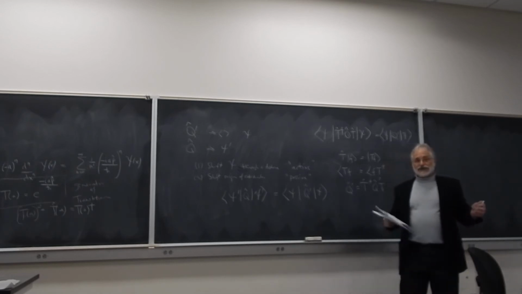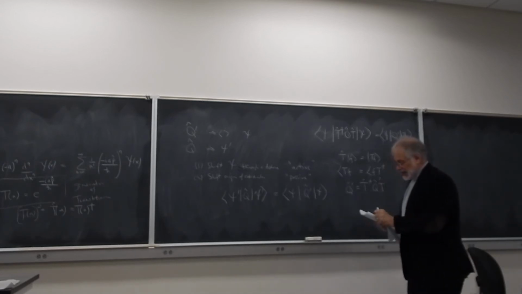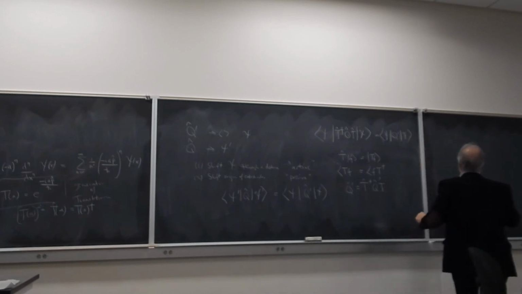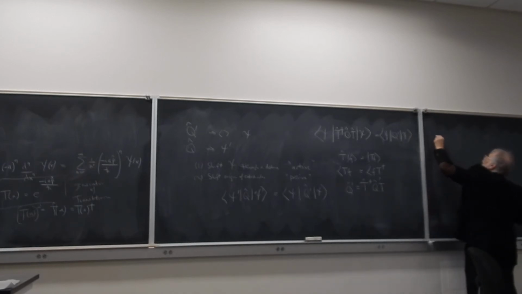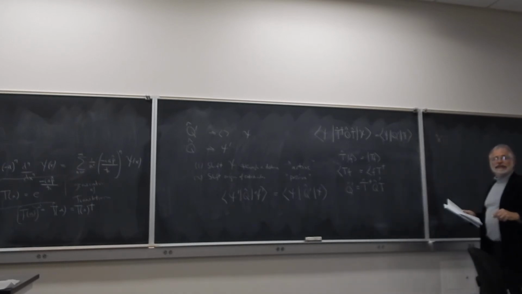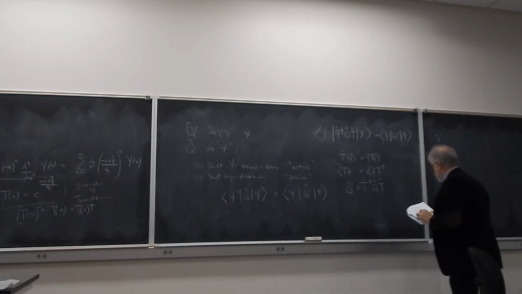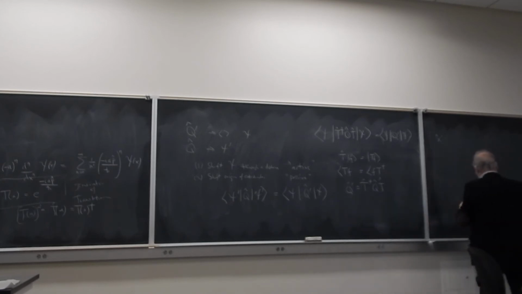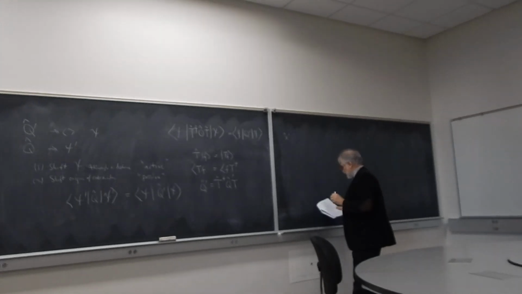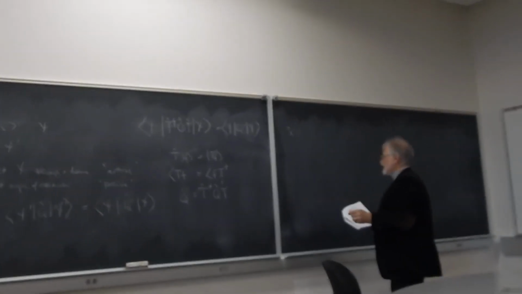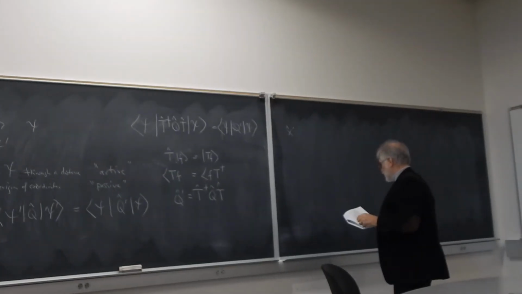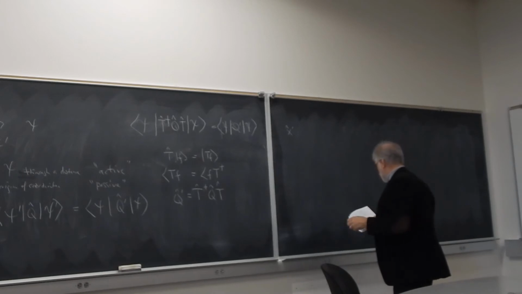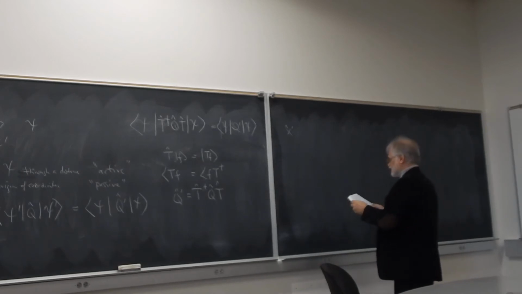Let's do an example, a real simple example. Let's find the operator x prime. The operator would be obtained by applying a translation through a distance a to the operator x on some arbitrary function f of x. We'll call that a test function.